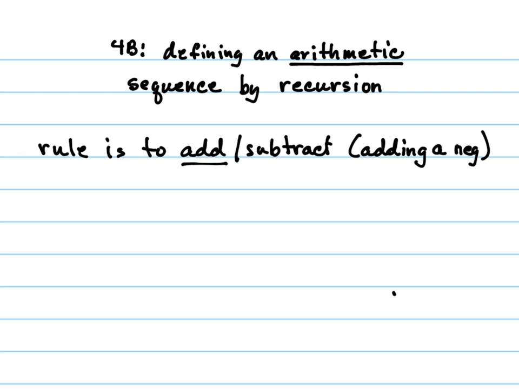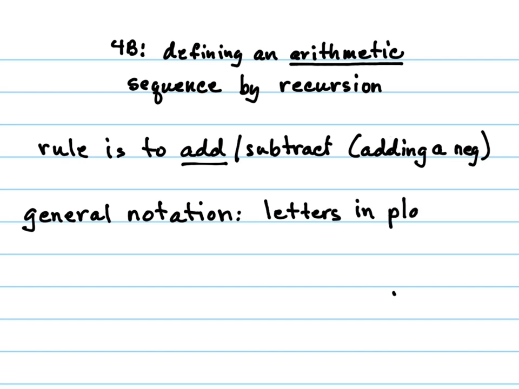So, most of the difficulty in dealing with these things is understanding the terminology. So we're going to look at some general notation before we do any math. Okay? And what that means is we're going to use letters in place of numbers.